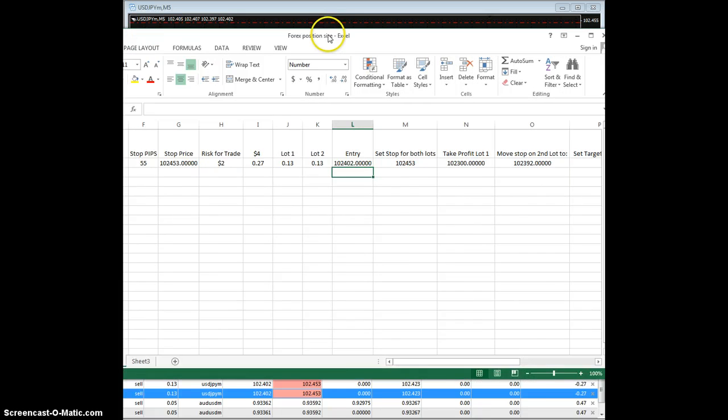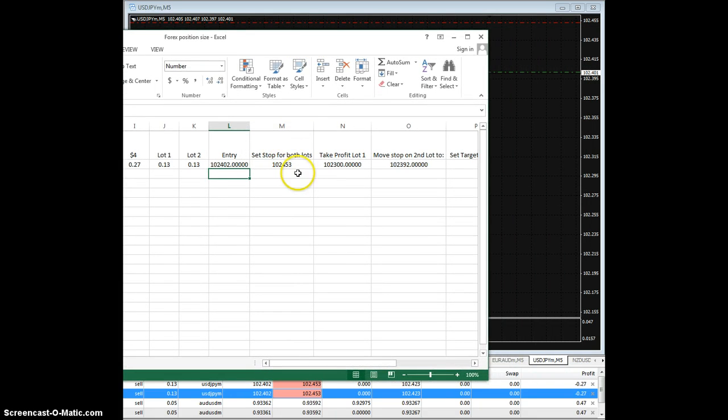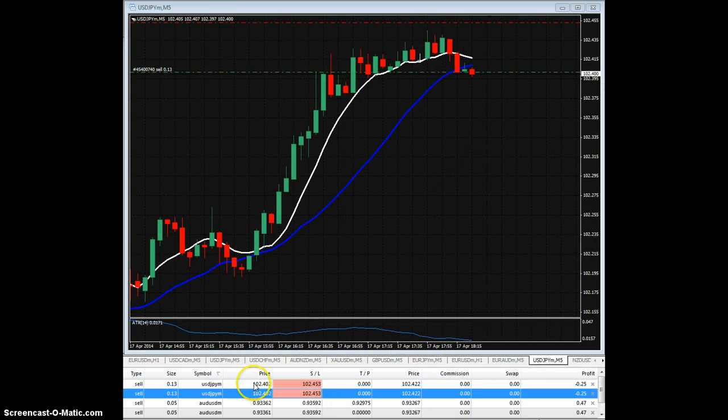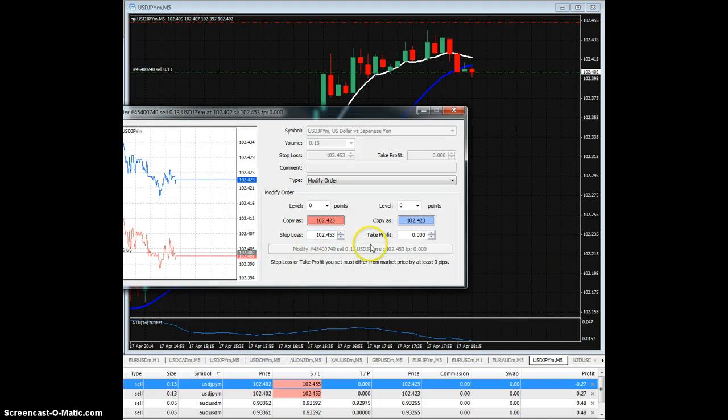So then the next thing I do, I've set the stop. Now I need to decide where I want to take profits. The profit I want to take for half of it is at 102.30. So I'll take this, set it aside, and I'll go into here, and I'll say I want to take profit at 102.30.